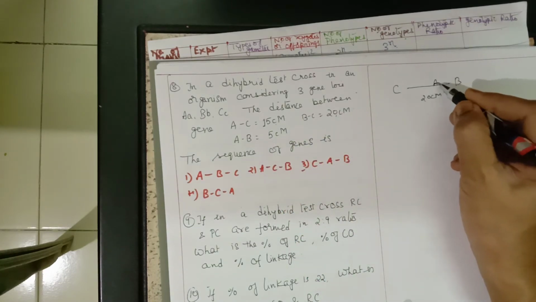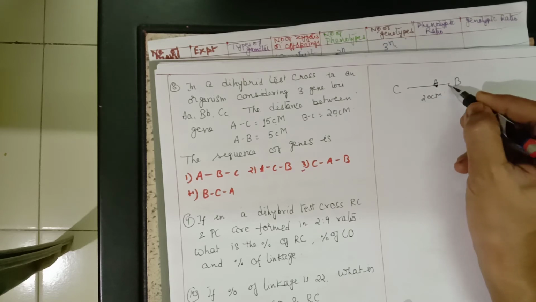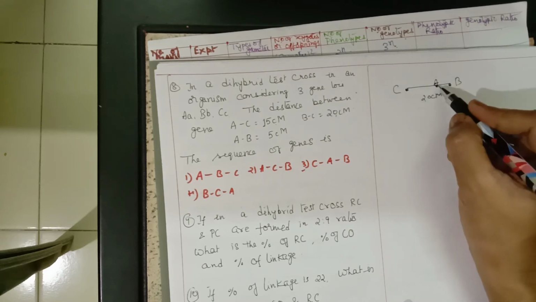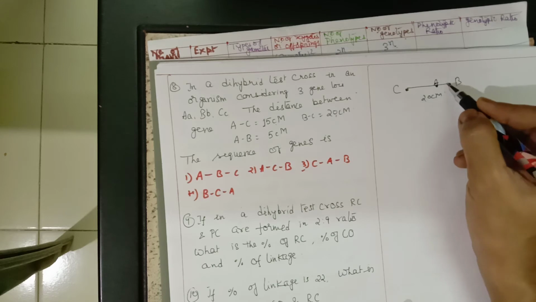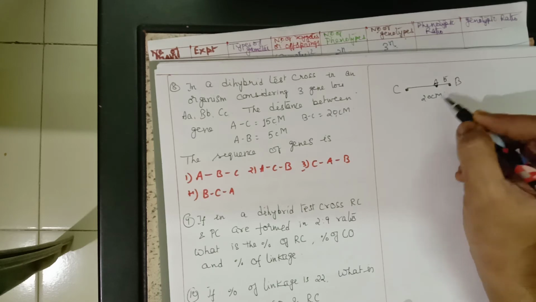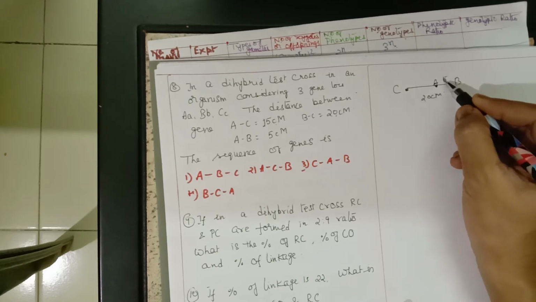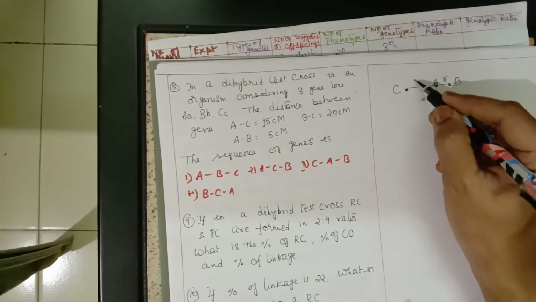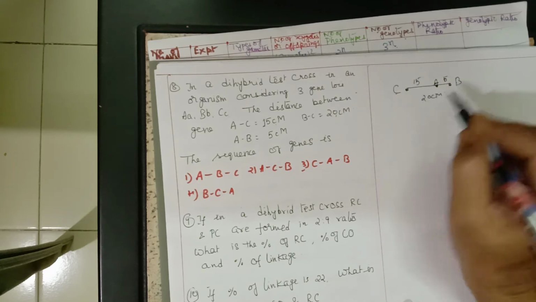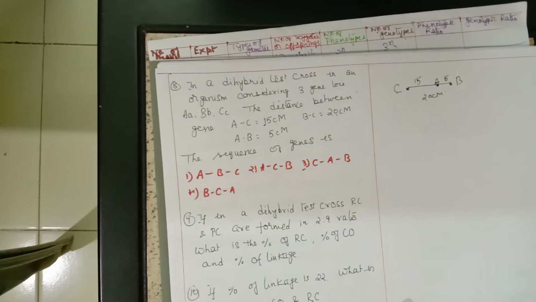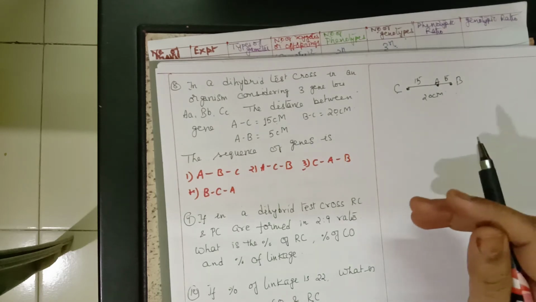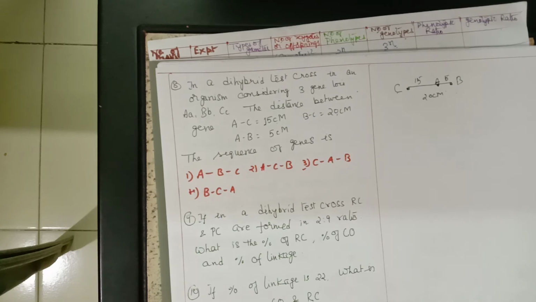If you take A here, this is B, this is C. A and B is 5, total is 20, and A and C is 15. So this will be the sequence CAB, or you can give it as BAC also. So CAB is the sequence of genes present.